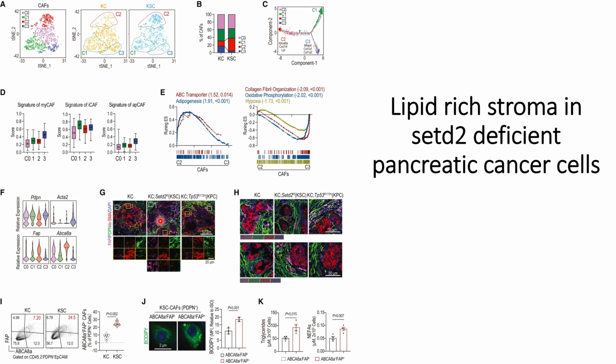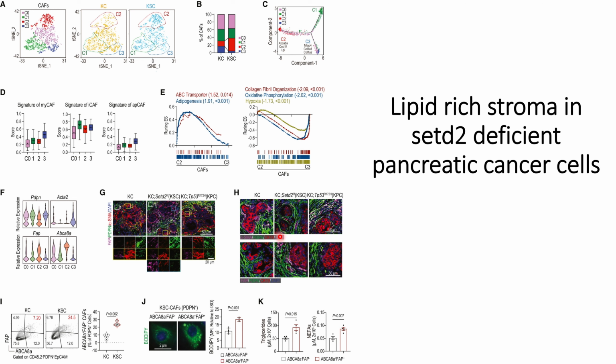So these C2 cluster cancer-associated fibroblasts are the ones that are lipid-rich and that cause the OXPHOS in the pancreatic tumor cells, which we have covered in the previous videos.